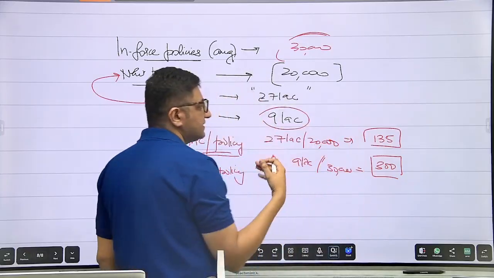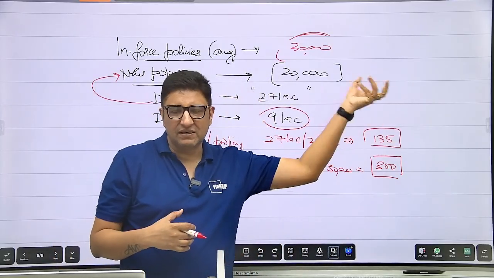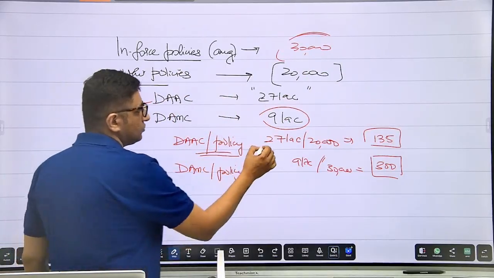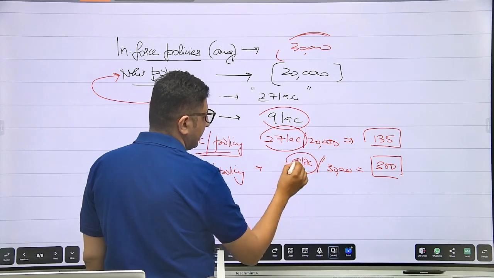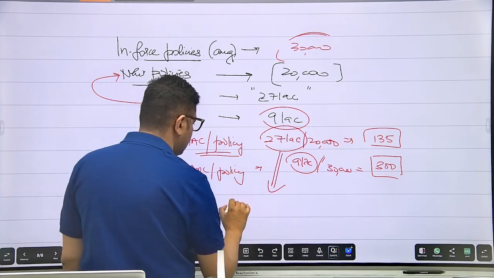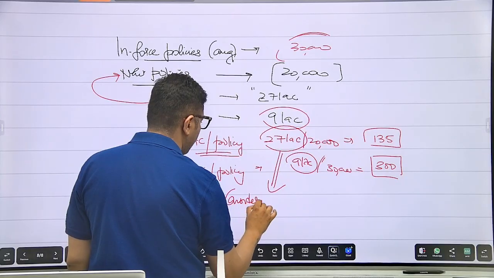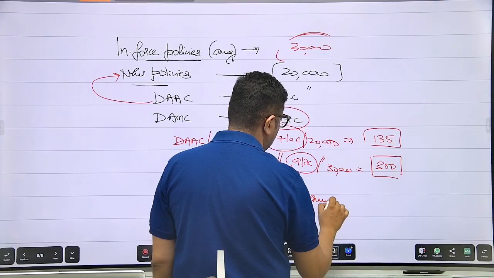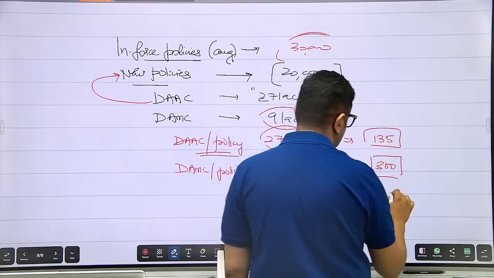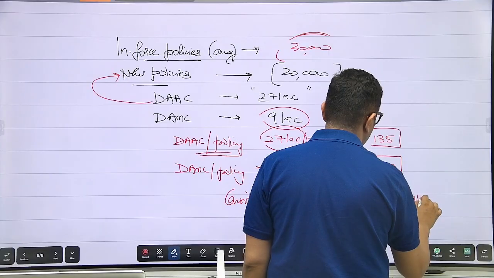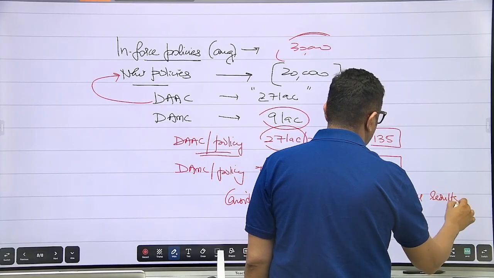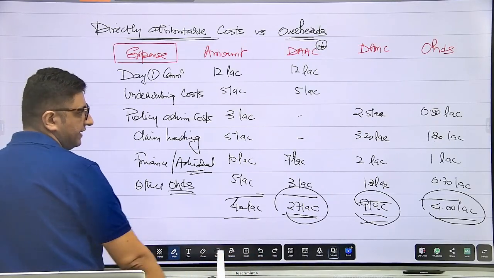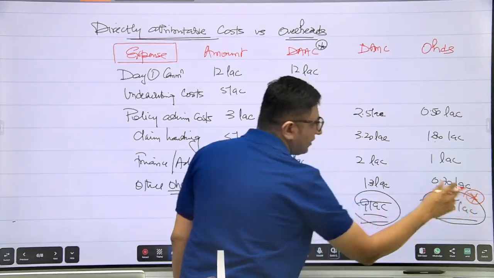So the point is that when you look at these, although we don't need these per unit cost per se, the bigger aspect is that this 27 lakh as well as this 9 lakh, they would be actually considered in arriving at the insurance results, and the remaining 4 lakh that we had, this is purely an operational cost.